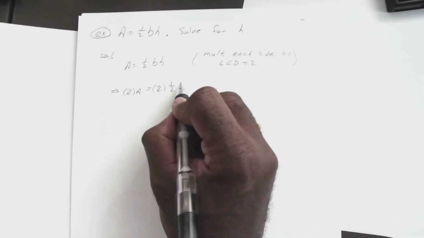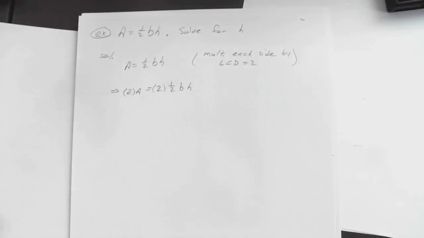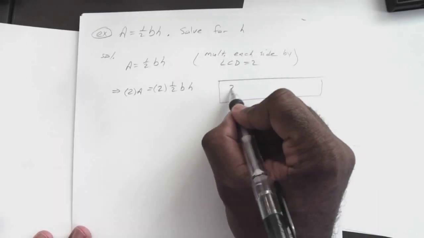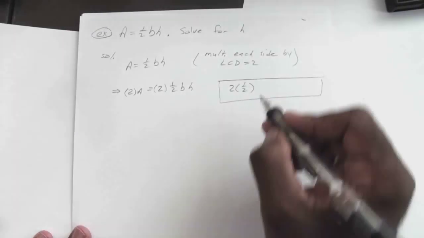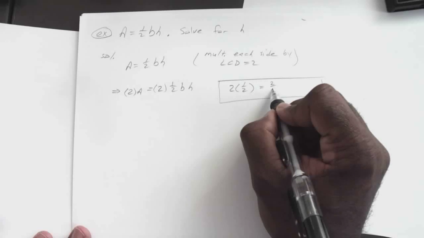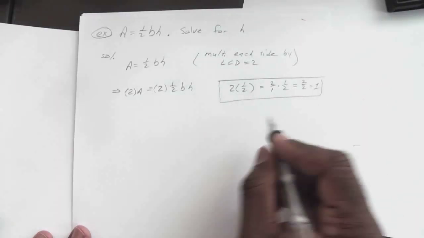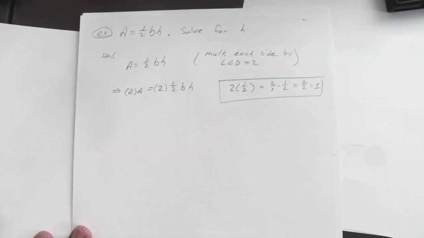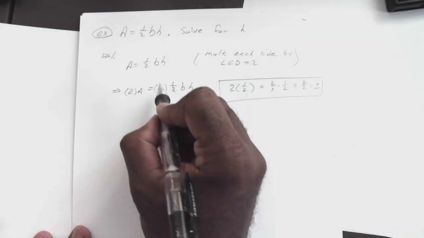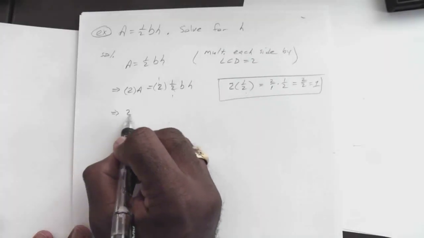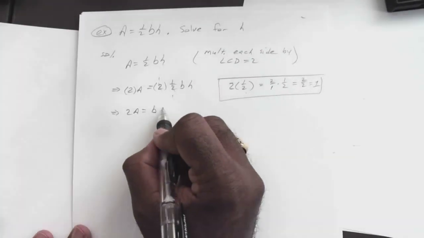So we know that 2 times 1/2 is just 2 over 1 times 1 over 2. It's 2 over 2, which is 1. So really the 2 and the 1/2 cancel each other out. That means we have 2a equals b times h.